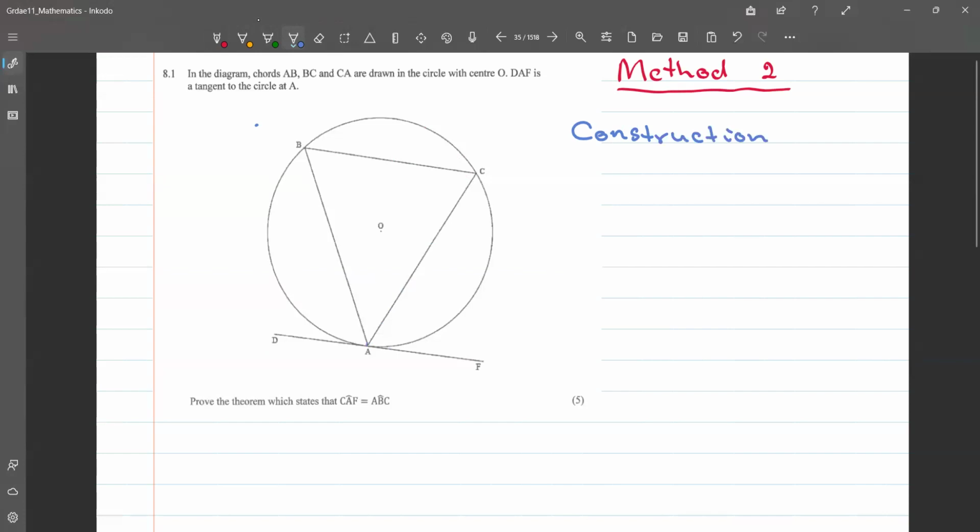We draw radii from A to O and from O to C. So we're going to draw radii AO and CO.